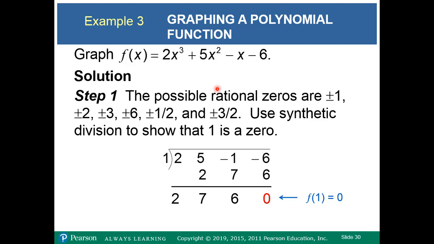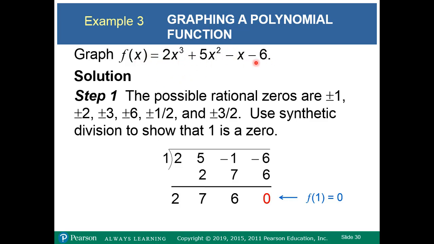Now, what about negative 1? Negative 1 is very similar. All you have to do first, though, is change the signs of the coefficients for only the odd powered terms. So for 3, you would change this to a negative 2. And for this one, you would change this to a positive 1. And then you add the coefficients.